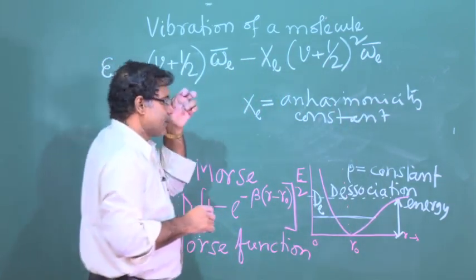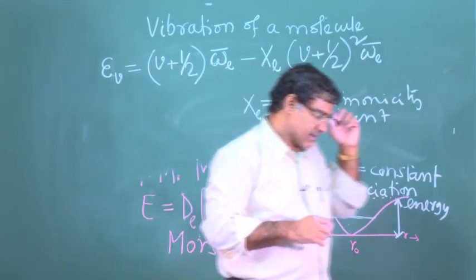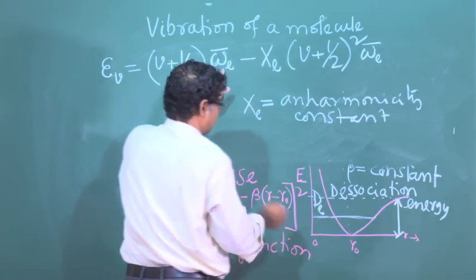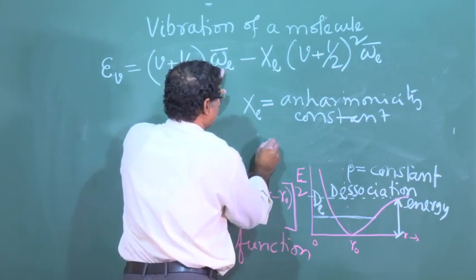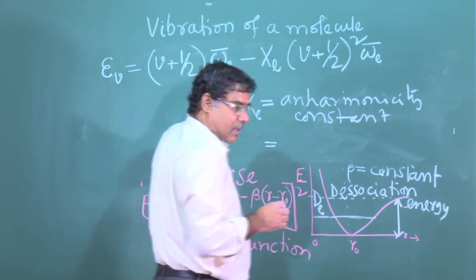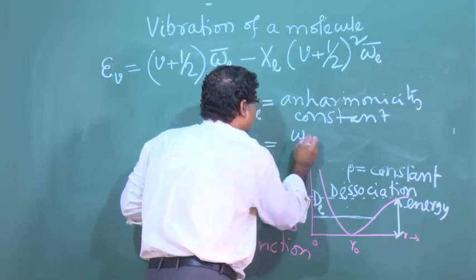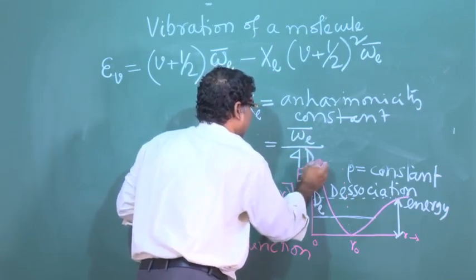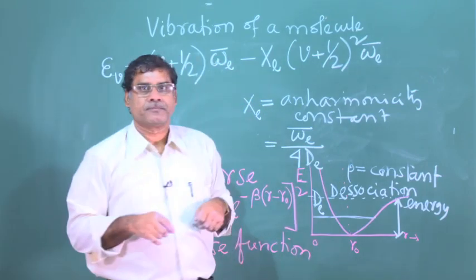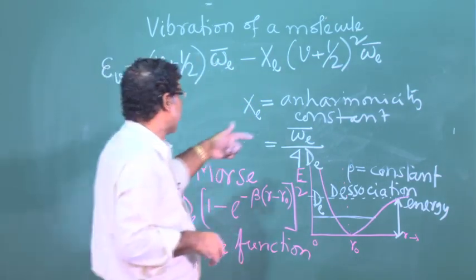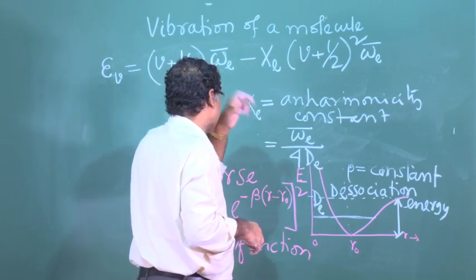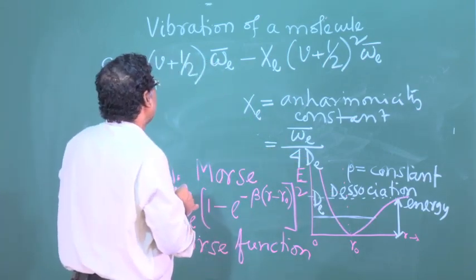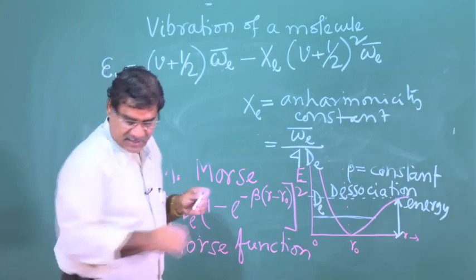And I think it is related with omega e and the dissociation energy. It is equal to omega e bar by 4D. So this is the anharmonicity constant, related with the dissociation energy.